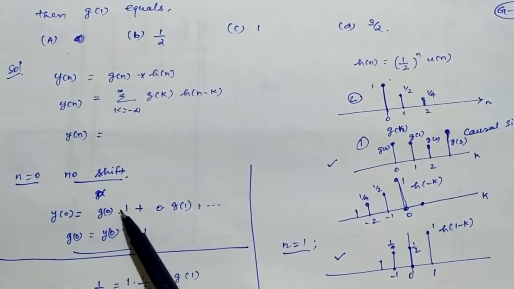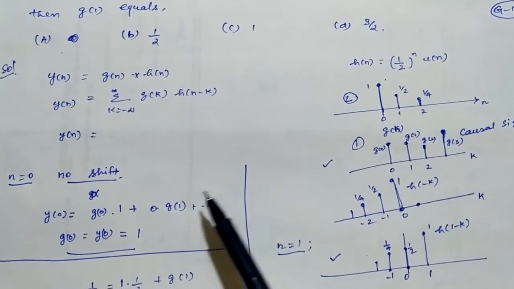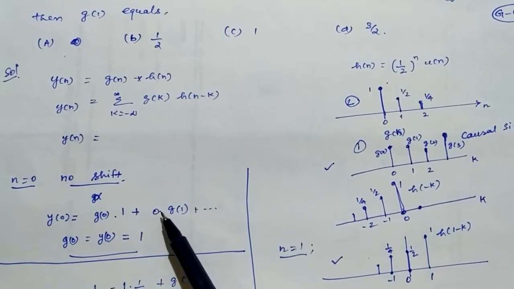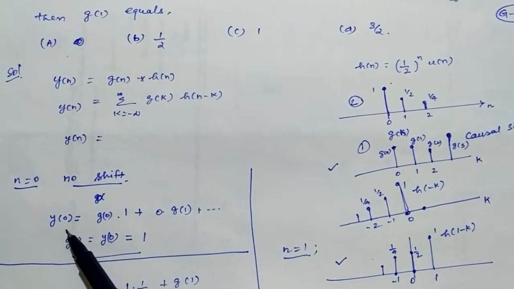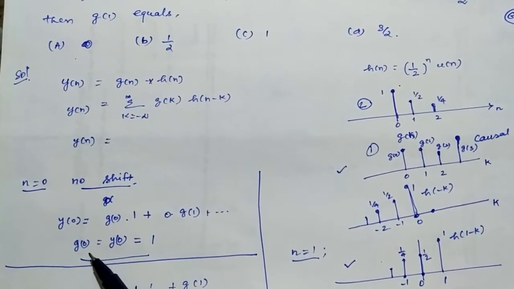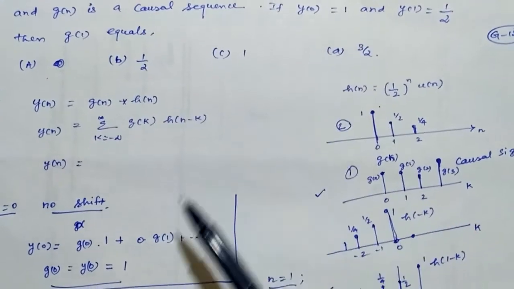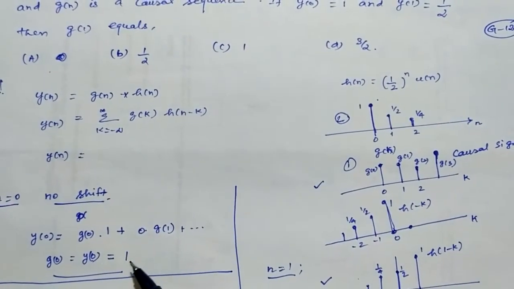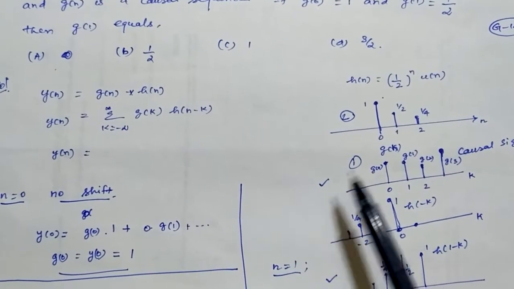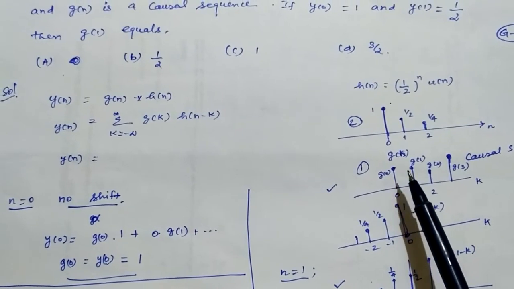Next, for g of 1 there is no value, so it is 0. Therefore y of 0 is equal to g of 0. But in the given problem y of 0 is mentioned as 1. Therefore g of 0 is 1.